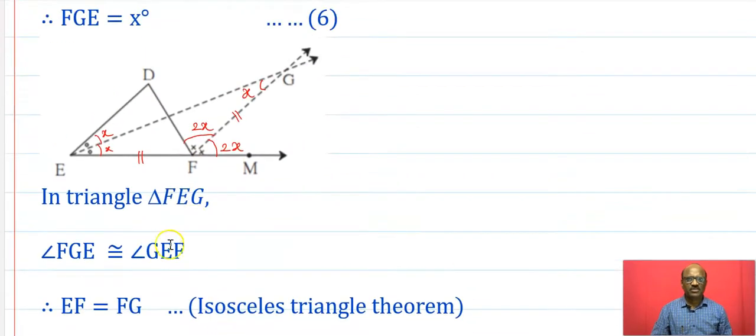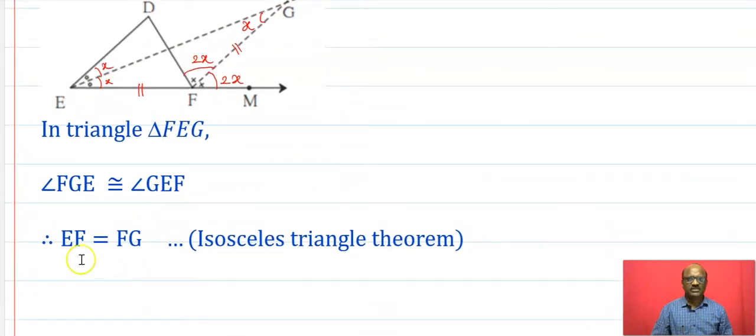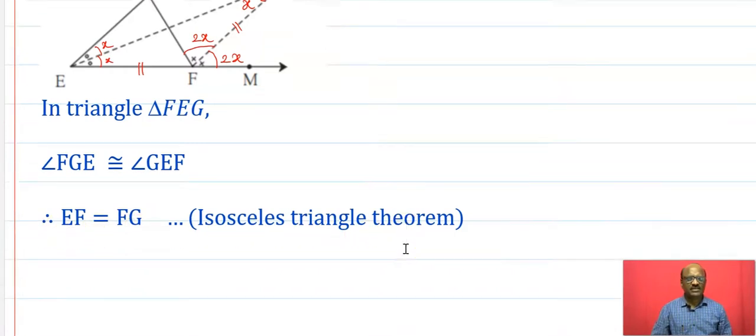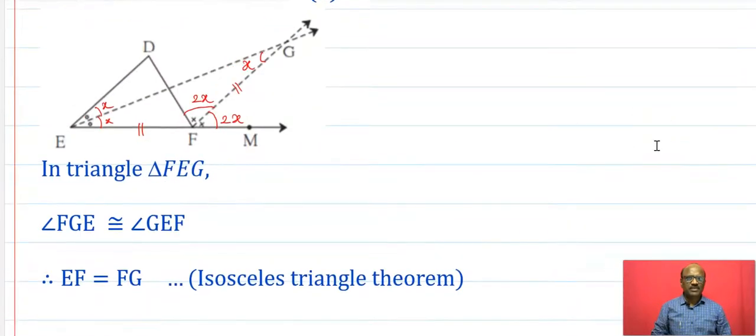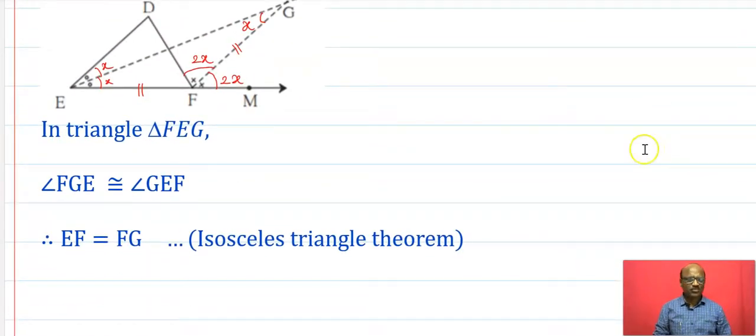Therefore, in triangle FEG, angle FGE is equal to angle GEF, and that's why the base angles are congruent. Therefore, FG is equal to EF. That is the isosceles triangle theorem. And in this way, we have completed practice set 3.1. Now we'll see in the next video. Till then, goodbye.